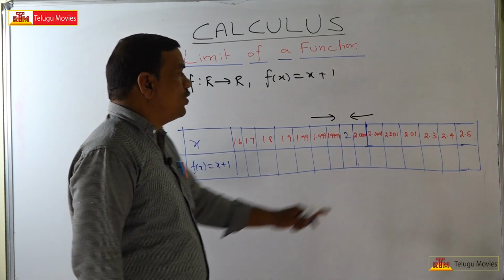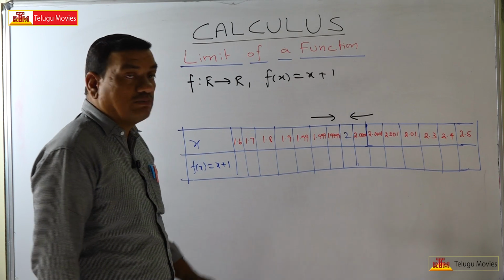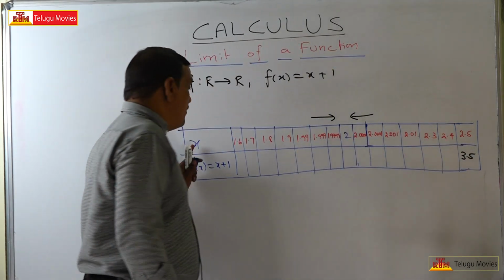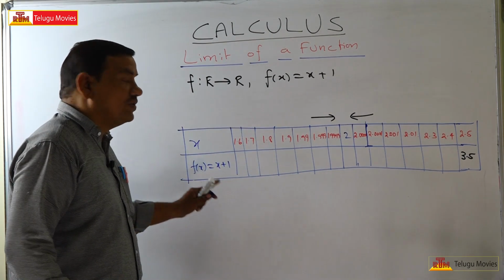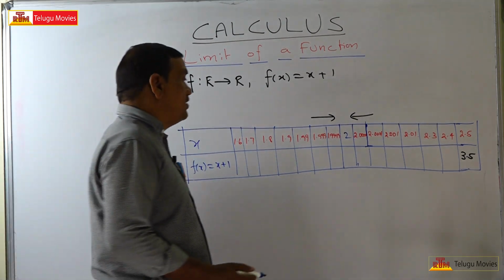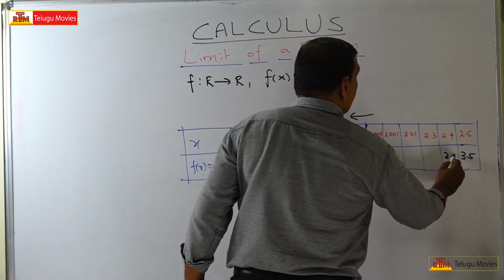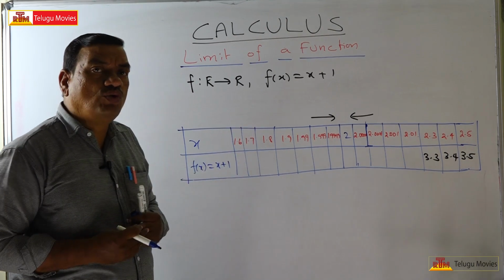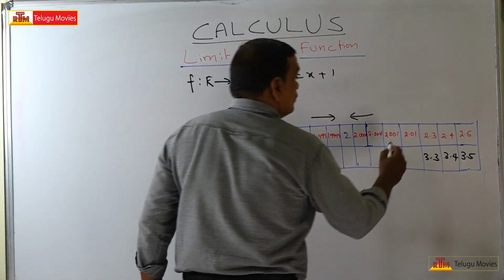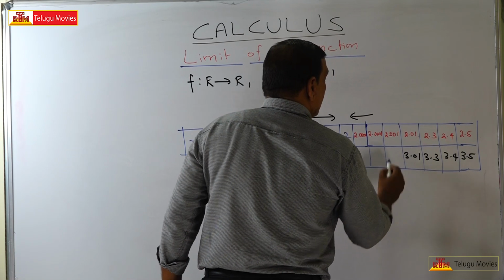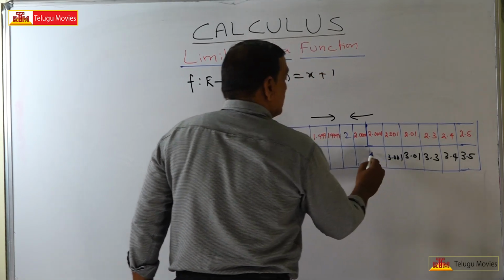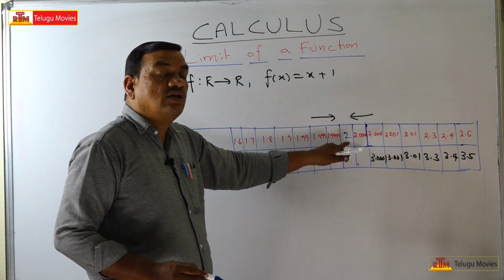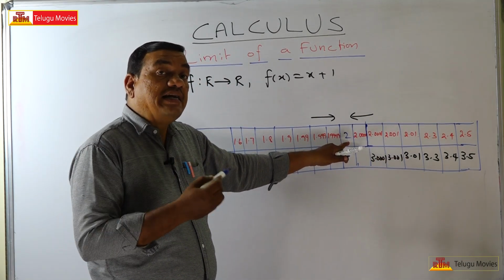When x is equal to 2.5, f of x is 3.5. When x is equal to 2.4, f of x is 3.4. Then 3.3, then 3.01, then 3.001, so we are still approaching 2 from the right hand side.